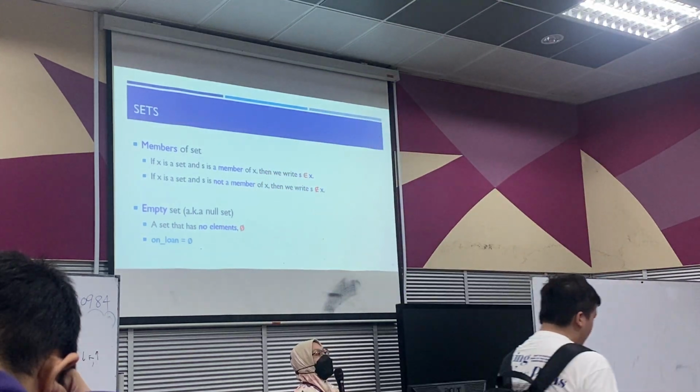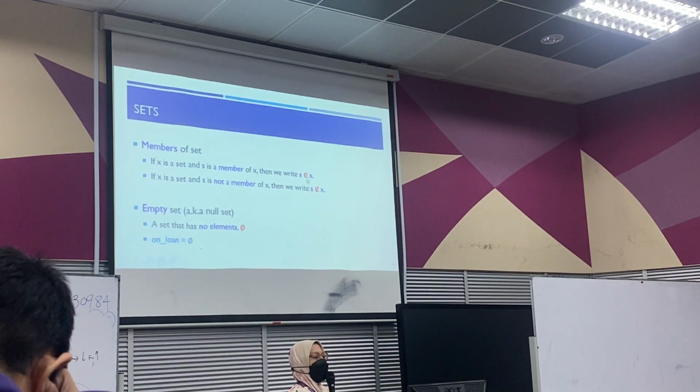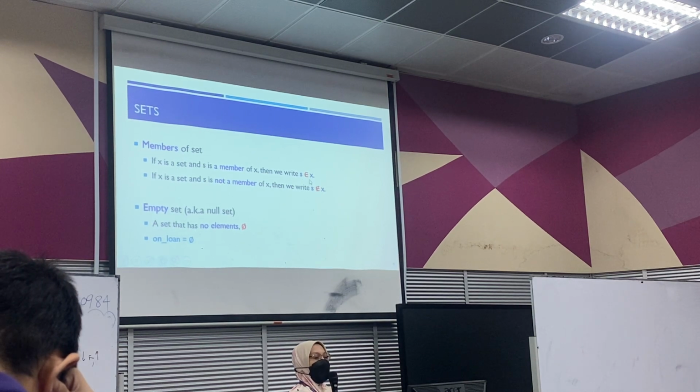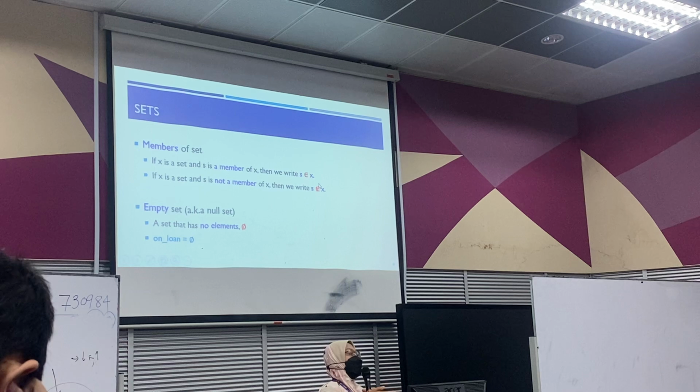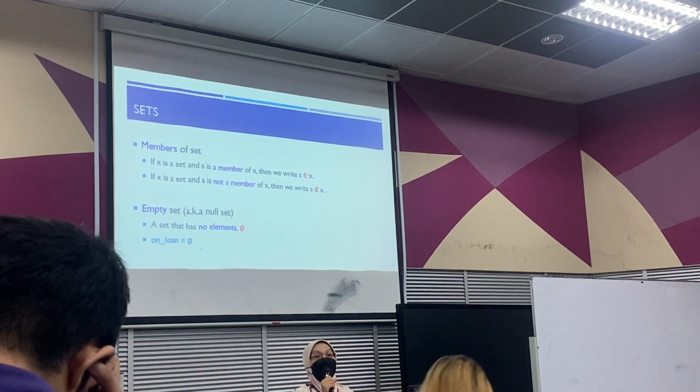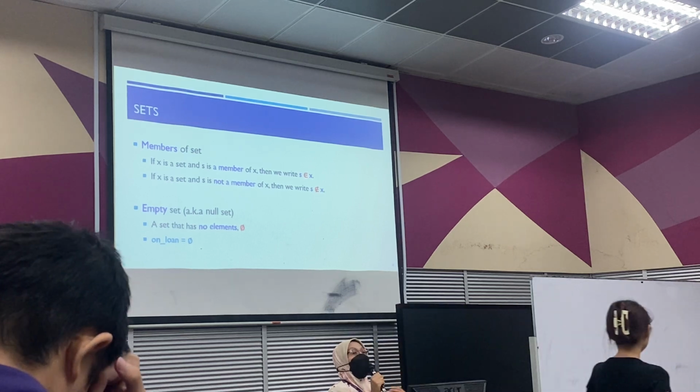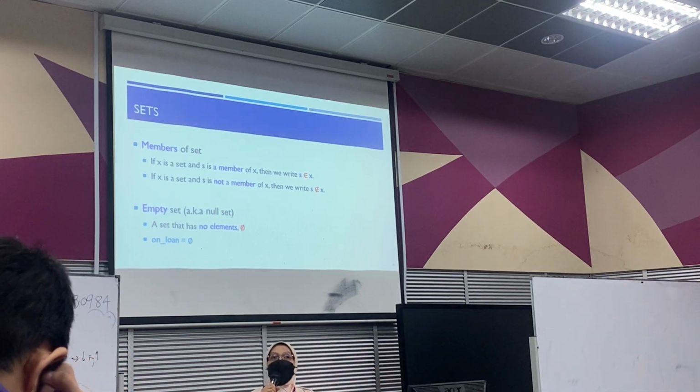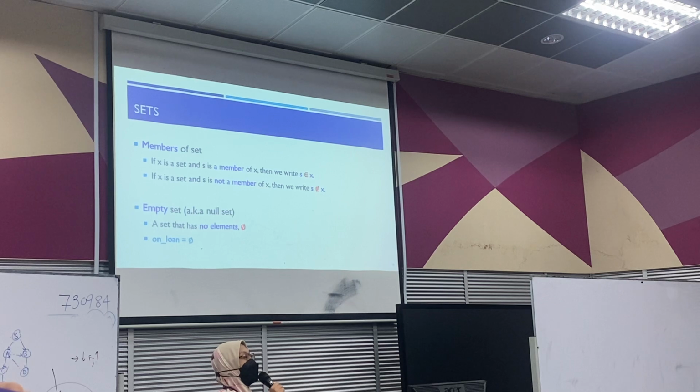Okay, first one, I think all of you have seen this symbol last week in your tutorial. So this is member of. The slashed one means not a member of. Normally we use this symbol when we want to check whether the data exists or not in the database.